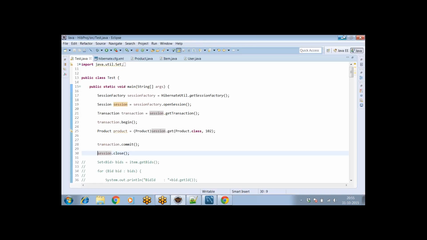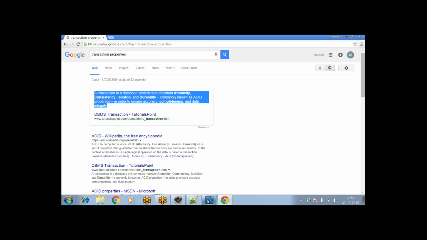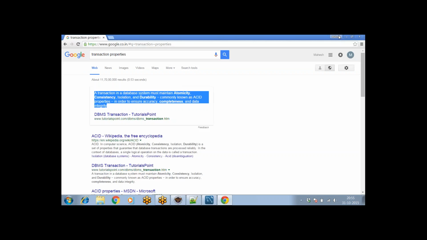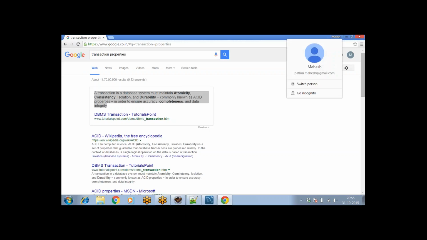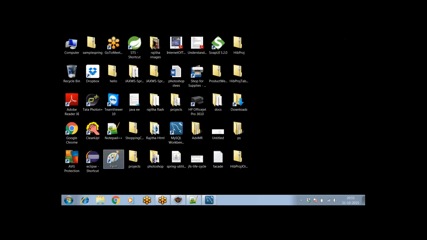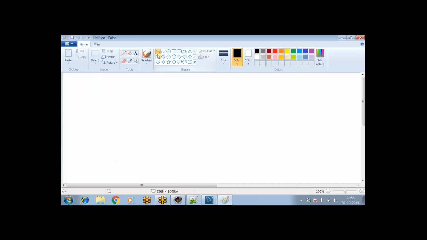Suppose you have two transactions. If they select the same row, that won't be a problem.